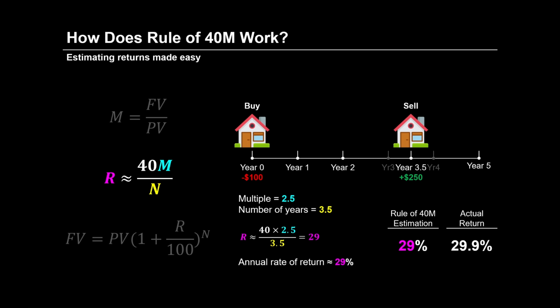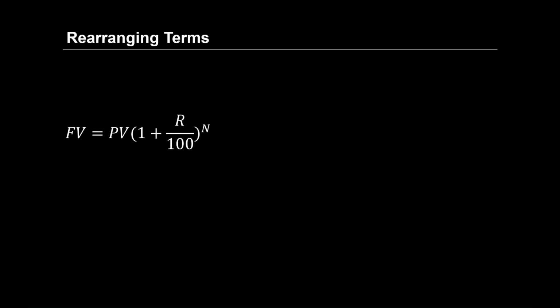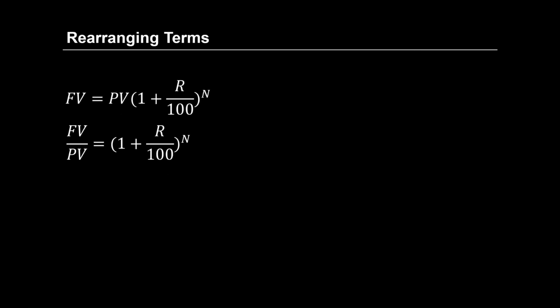Now that you understand how it works, let's dig deeper and understand the why. Why does it work? To understand why, we have to take a step back and look at the original equation to calculate future value. By rearranging the terms and dividing both sides by PV, the left-hand side is just M in this case.